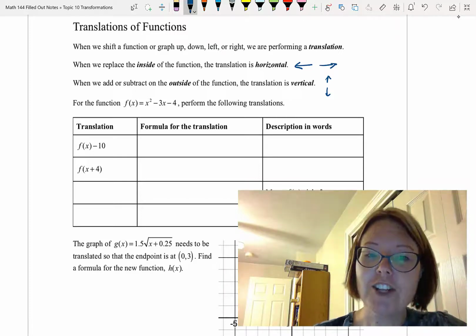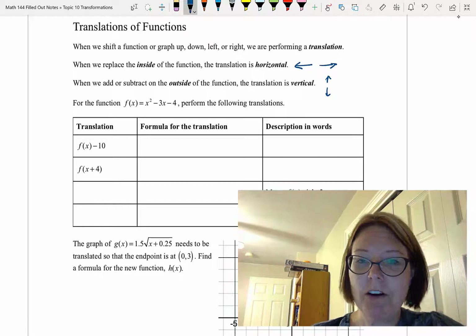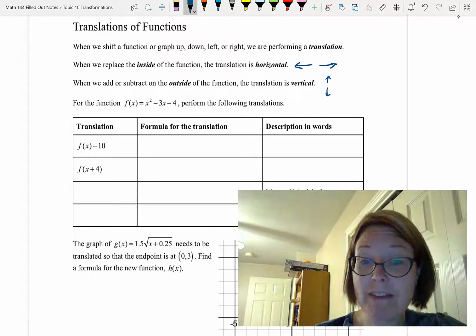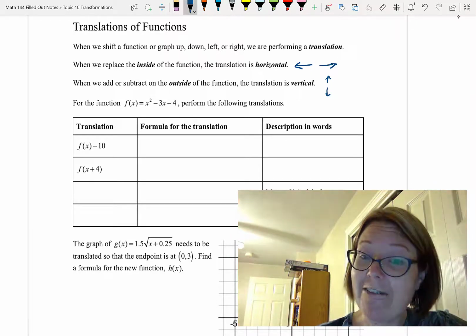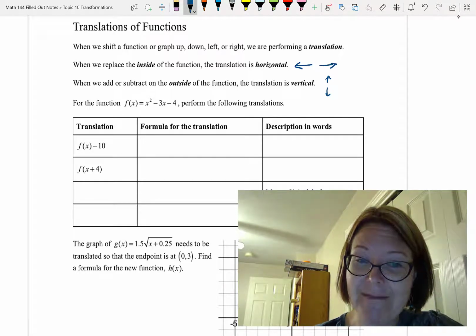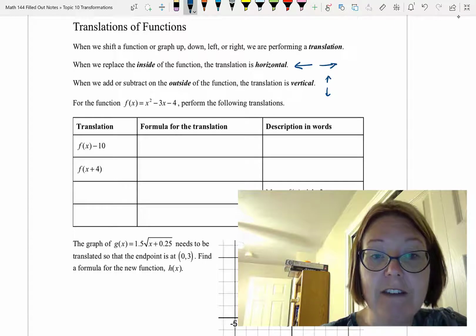We're going to look at the function f of x equals x squared minus 3x minus 4. And we're going to do some translations to it and then write a formula for that translation and describe it in words. We'll start with f of x, and then on the outside of f of x, minus 10. What will that look like as a formula? Well, I'll take f of x, which is x squared minus 3x minus 4.